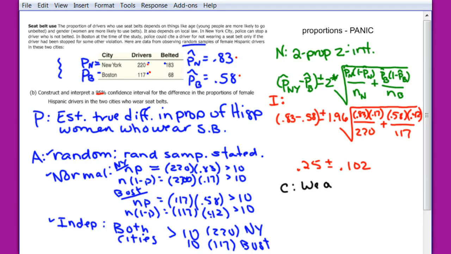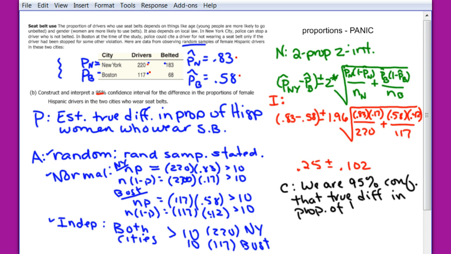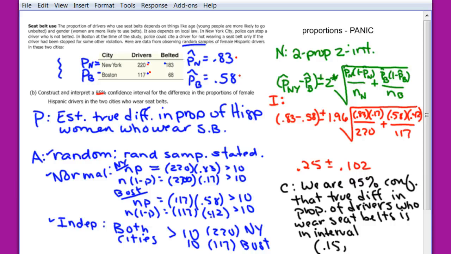So we would say we are 95% confident that the true difference in proportions of drivers, technically female Hispanic drivers, who wear seatbelts is in the interval of, then I can do the arithmetic here, 0.15 through 0.35.